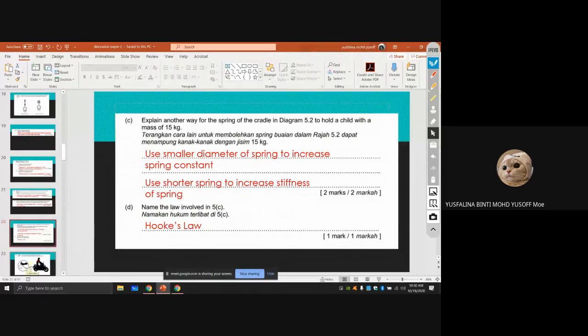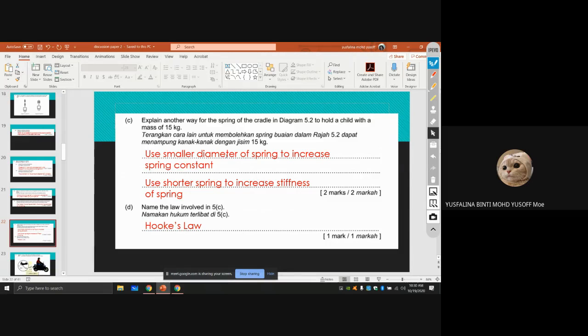Okay, the next one, explain another way for the spring of the cradle in diagram 5.2 to hold a child with a mass of 15 kg. So for this one you can use a smaller diameter of spring to increase the spring constant, or you can use a shorter spring to increase the stiffness of the spring, or use a thicker wire of the spring to increase the spring constant.